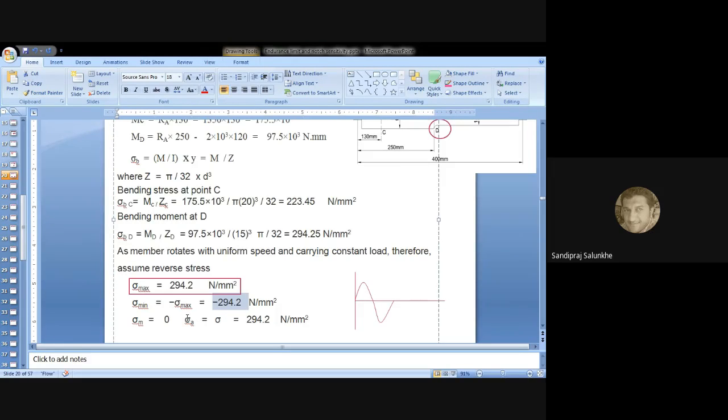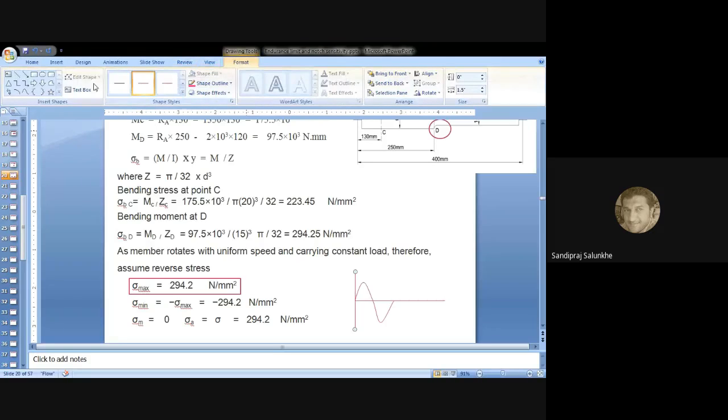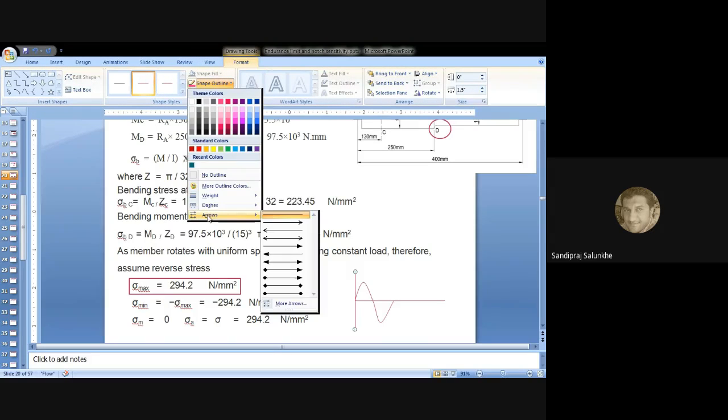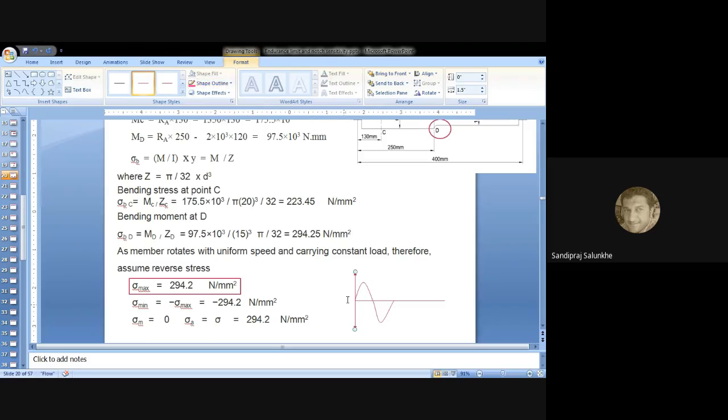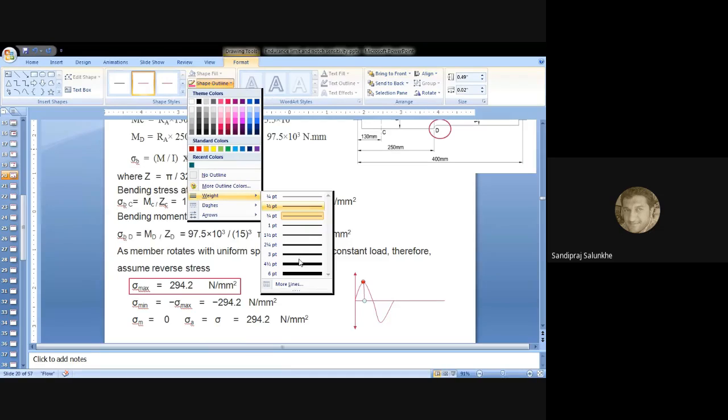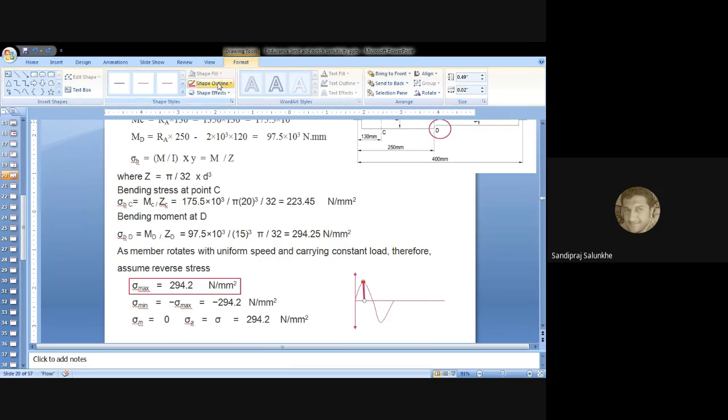And the amplitude of stress, that is sigma a, we are going to call it the amplitude. That amplitude will be this much value, and this value we have already calculated.